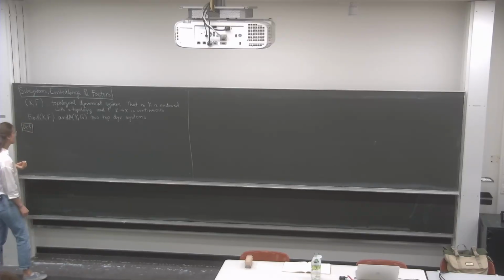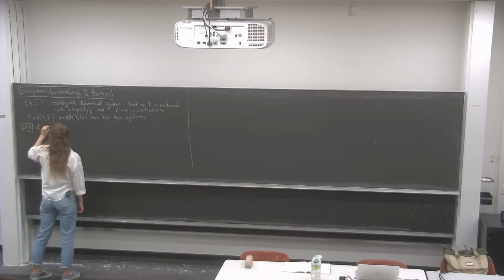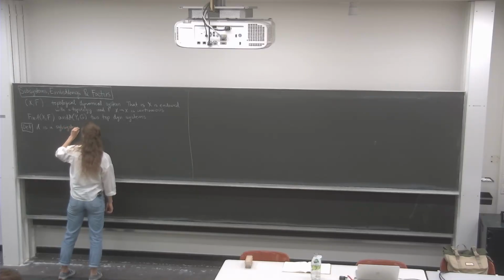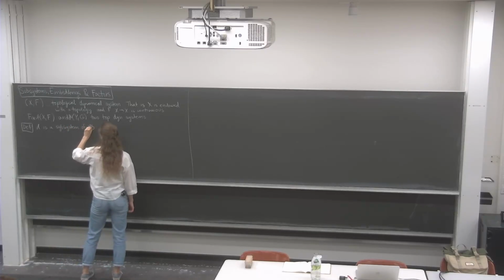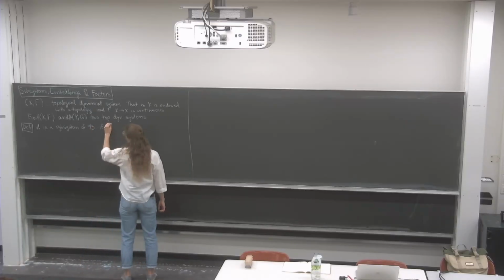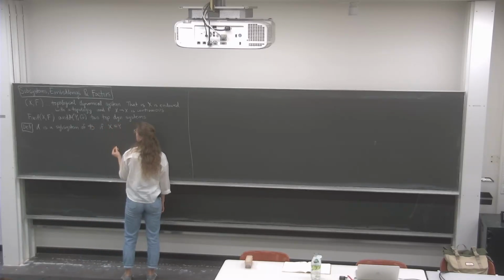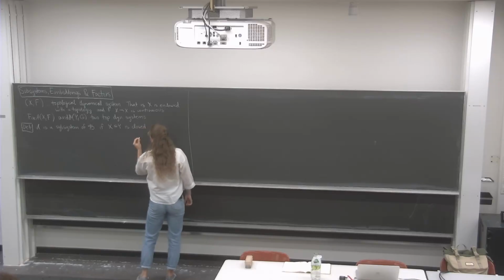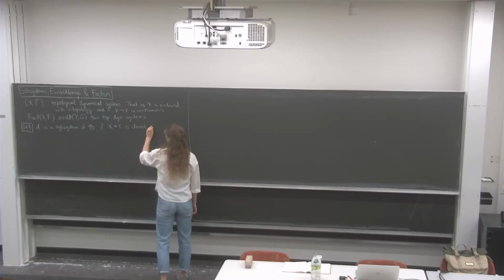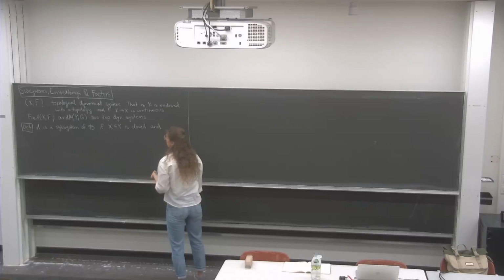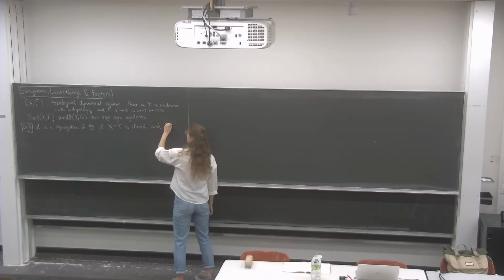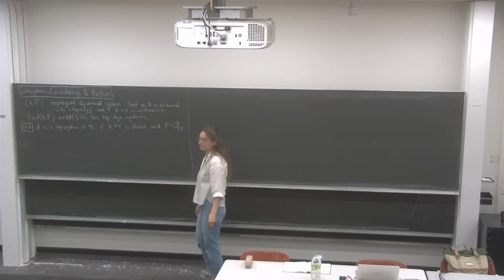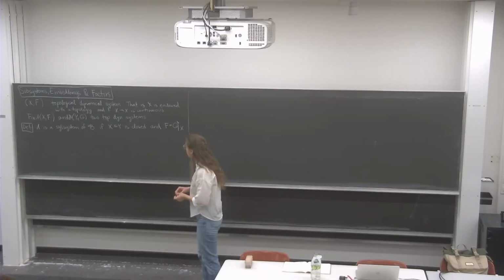It's very natural. A is a subsystem of B if X is a subset of Y, X is closed and Y is closed, and if F is just a restriction of G to this subspace X. Which of X and Y is closed?